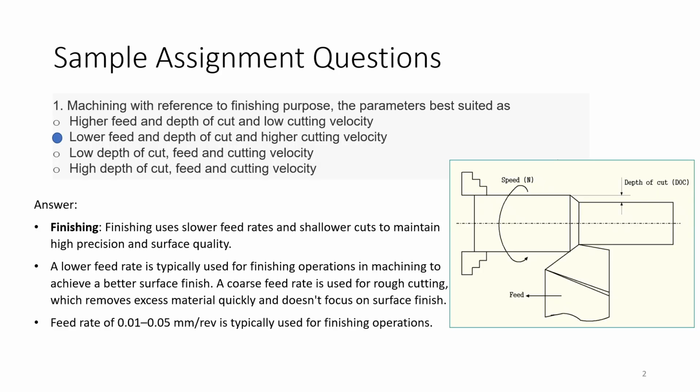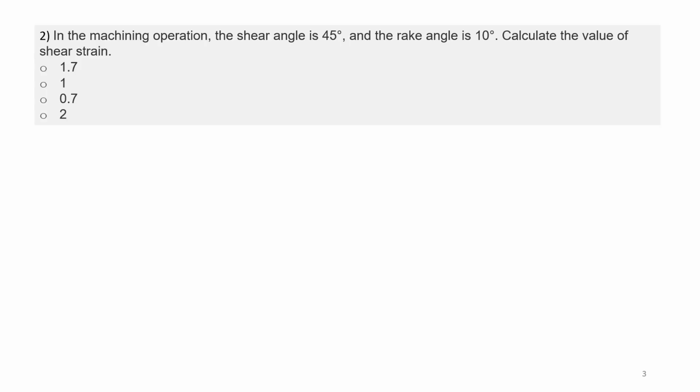Okay, so next question is: in the machining operation the shear angle is 45 degrees and the rake angle is 10 degrees. Calculate the value of shear strain. Your options are 1.7, 1.7 and 2. For calculating shear strain, the answer will be 1.7.